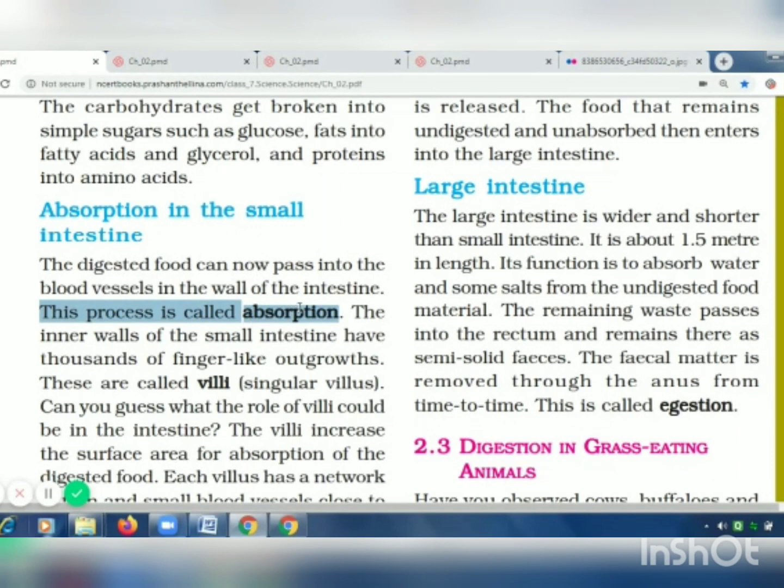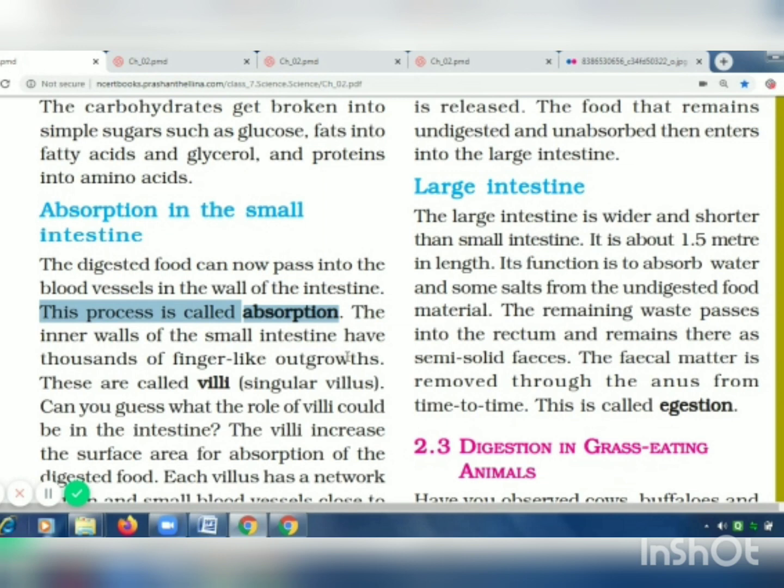Now, the inner walls of the small intestine have thousands of finger-like outgrowths. In the video that I had shown you in the class, you had seen so many finger-like structures.